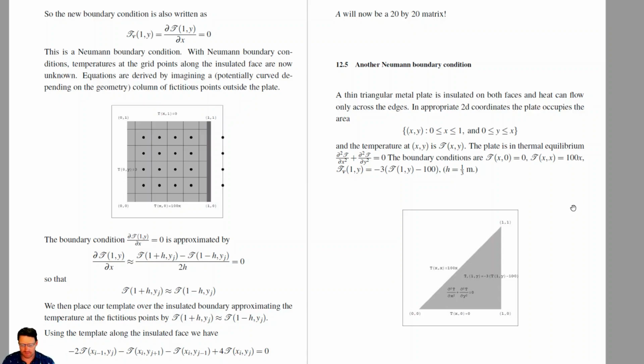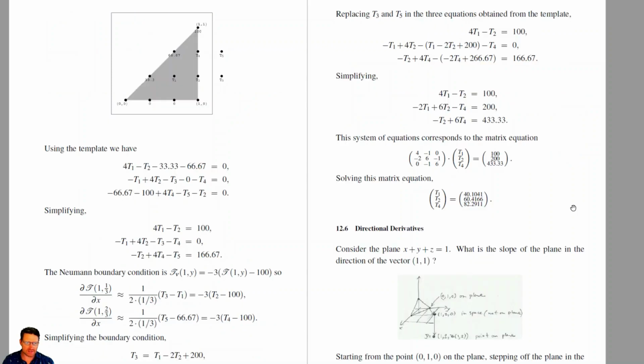Alright, so next we're going to place on our grid points. Right, so we need fictitious points on the right hand face because we've got a Neumann boundary condition there. Alright, and so we're going to label these T1, T2, T3, T4, and T5, including our fictitious points. So we apply the template to T1 first, right?